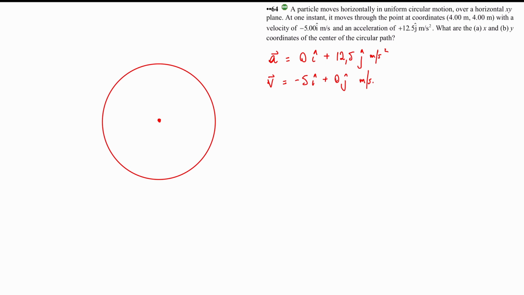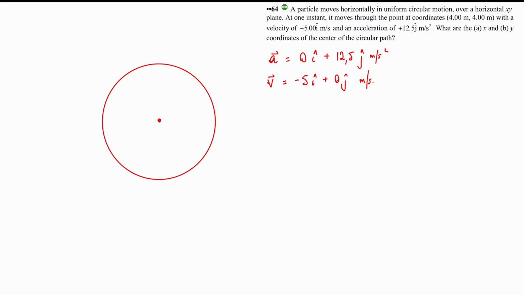So one of the key ingredients in this problem is to realize that the center of the circle being traced out by the particle undergoing uniform circular motion need not be at the center of a coordinate system. It need not be at the origin. It's possible that our origin is elsewhere.